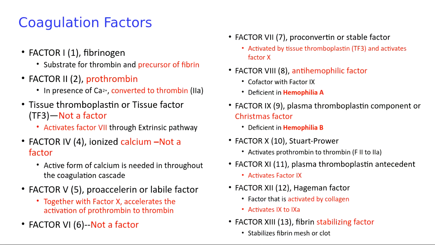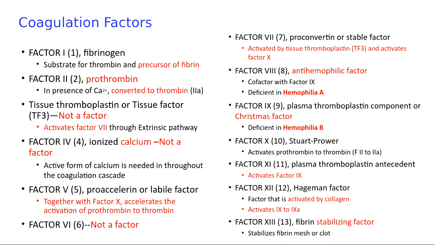There are some other diseases that are certainly more common than these ones, but hemophilia A and hemophilia B is something that if you have a little bit of medical knowledge, you should know a little bit about these deficiencies.